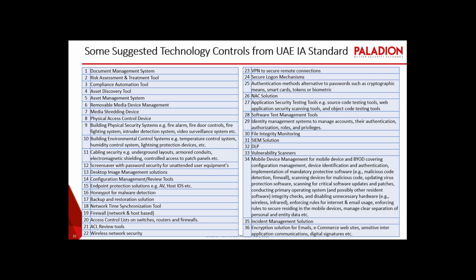Also, it talks about software test management tools, identity management systems, file integrity monitoring systems, SIEM solutions, DLP, vulnerability scanners, MDM solutions for mobile devices and BYOD devices. Then it talks about incident management solution, as well as cryptographic solutions for e-commerce sites, as well as databases and stuff like that. So a whole plethora of technology is being mentioned.